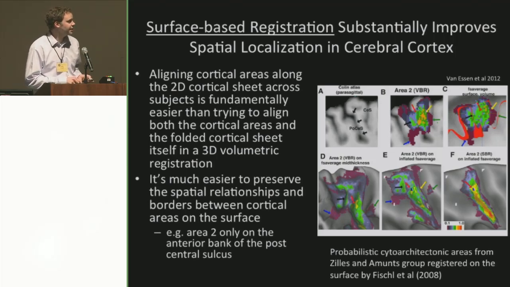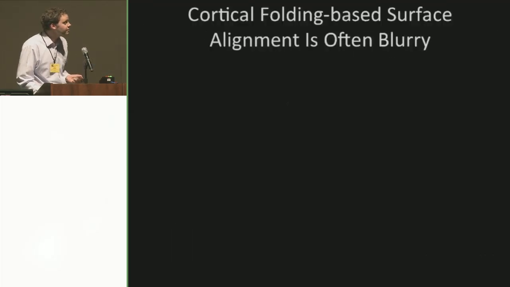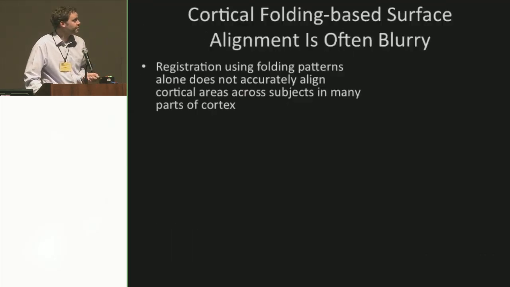But if we just make one change, we take the same cytoarchitectonic definitions and we map them onto the individual subject surface and register them on the surface, we get a much cleaner probability map with higher overlap. But often cortical folding-based surface alignment is blurry.